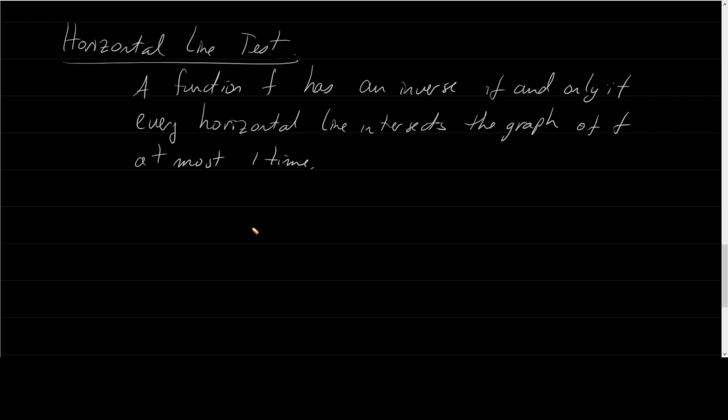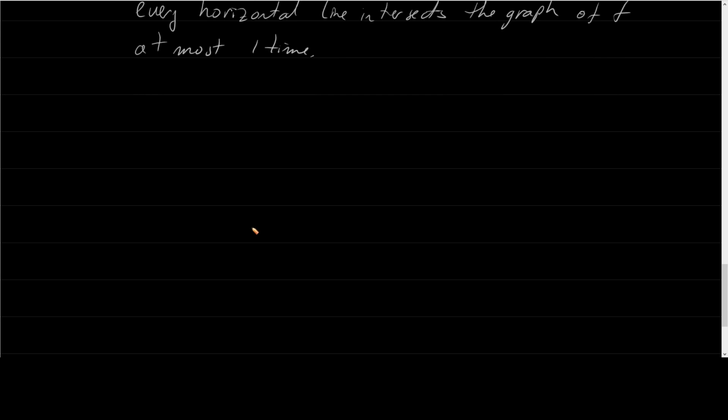So it's very similar to the vertical line test, all right? But in here we're trying to use horizontal lines, all right? So that's going to be the horizontal line test to figure out if a function is one-to-one.